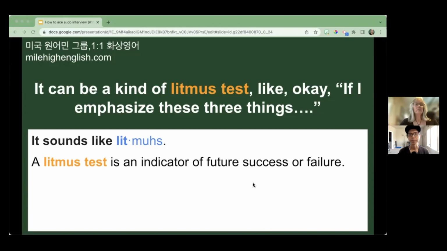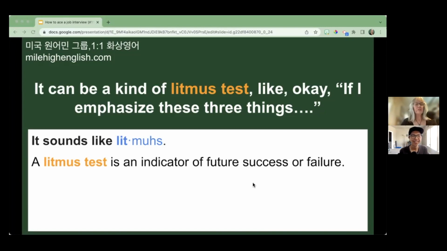So if you said litmus test to me instead of test, I would be like, oh, this guy really knows his English and knows his expressions. This guy took the chemistry class in high school or something, and whether he failed or not, he knew what the litmus test was. Exactly. Whether it was an acid or a base, right?